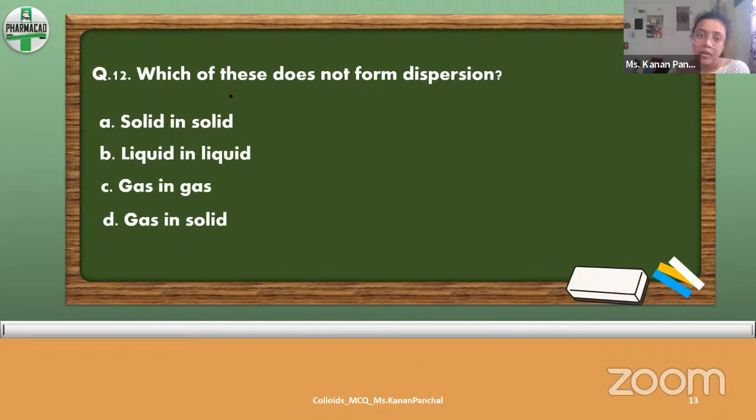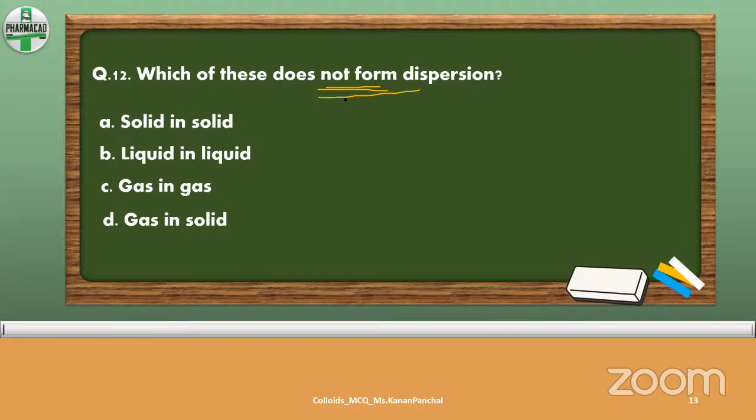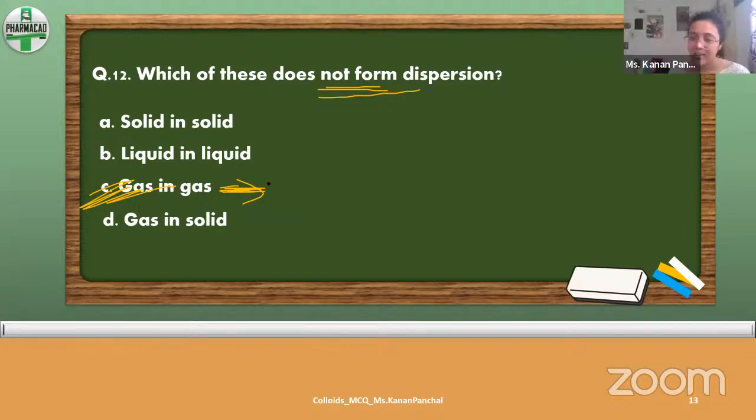Okay. Which of these does not form a dispersion? Gas. Why doesn't it form dispersion? Because it is miscible with each other.